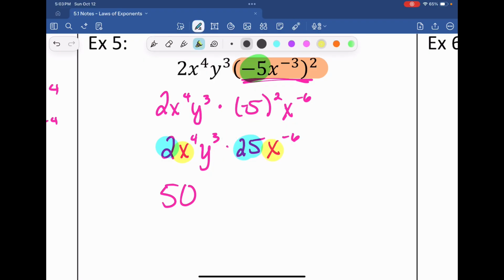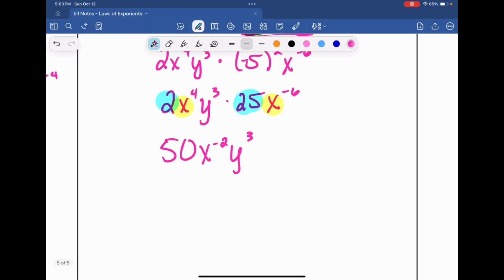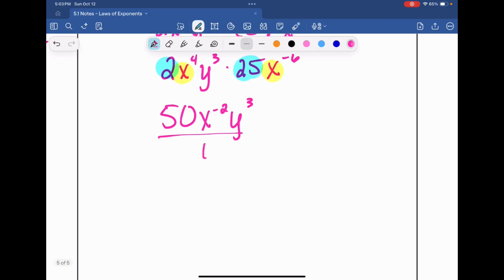We're going to add those exponents. And the y doesn't really have anything. When you still have a negative exponent left, that's when you deal with it. So x to the -2 goes to the bottom. Exponent becomes positive.